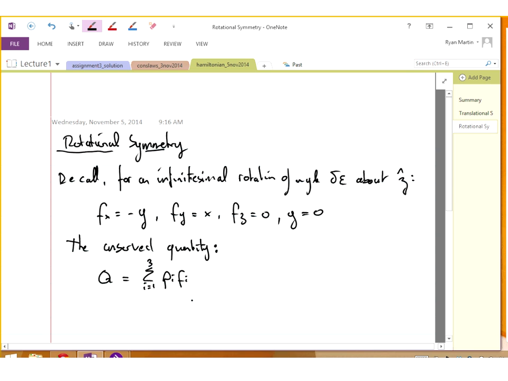So if I write this out, then I have minus y times px plus, well, if I'm writing in that order, x times py. All right?